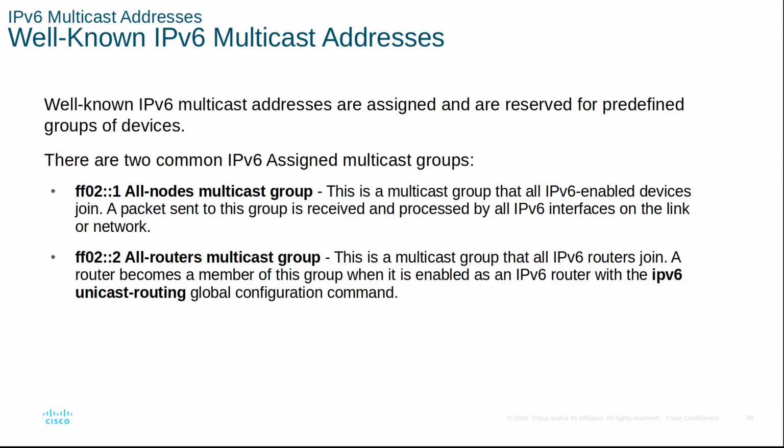And a packet sent to that group is received and processed by every interface on that link or network. So it's kind of like a broadcast. And then there's the all-routers multicast group. This is a multicast group just for routers, and routers become members when they're enabled as an IPv6 router by issuing ipv6 unicast-routing in global configuration mode.